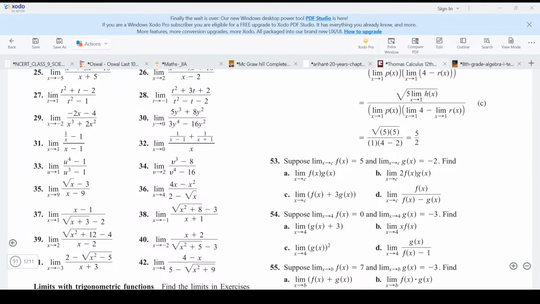The goal is, if you directly substitute, you will get 0 by 0 mostly. So they will do something to avoid that 0 by 0. Mostly they will rationalize numerators, denominators, or divide numerator and denominator by something. Just see what exactly they are trying to do. If you don't get it also, that is fine.